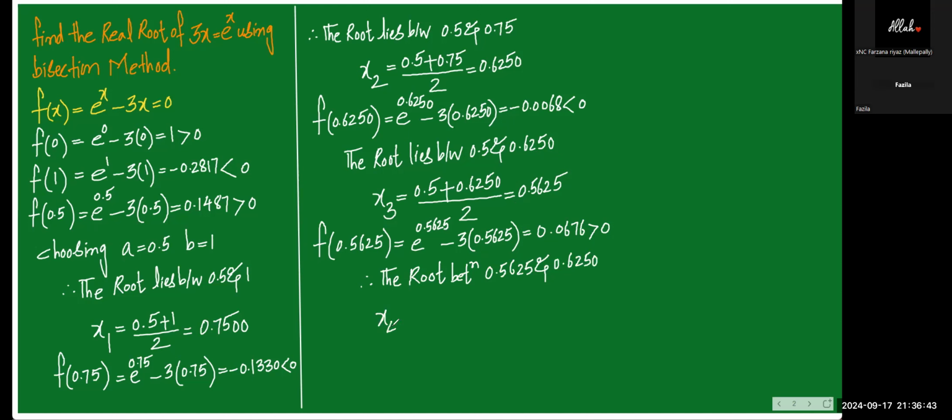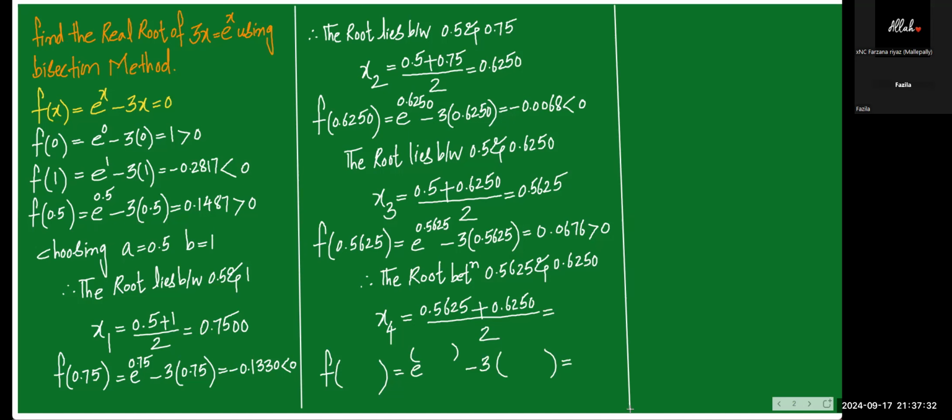Then we go to x4. This is 0.5625 plus 0.6250 divided by 2, and then the answer is 0.5938.